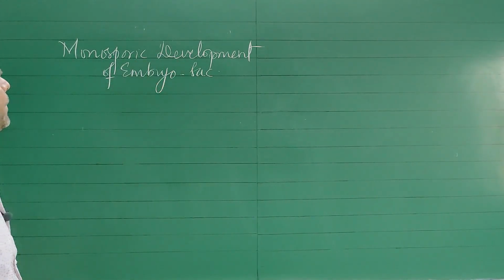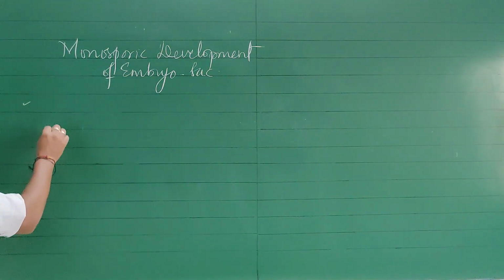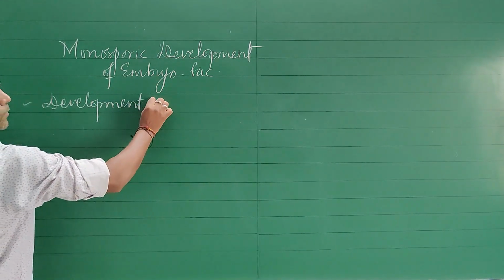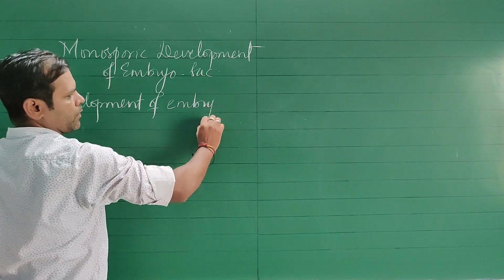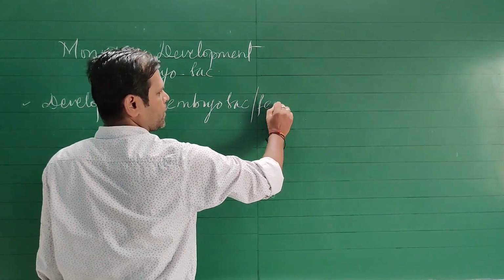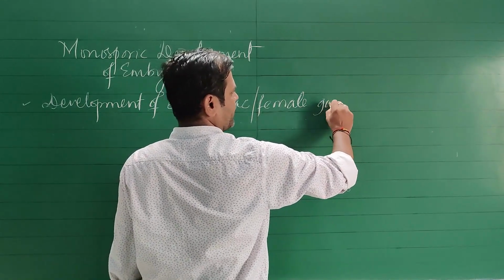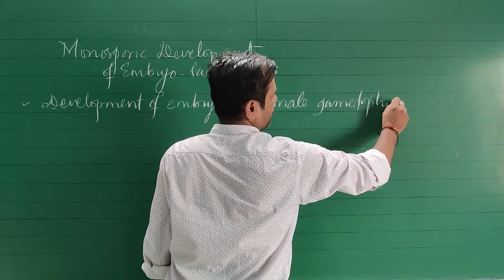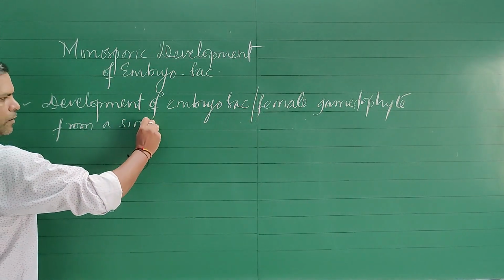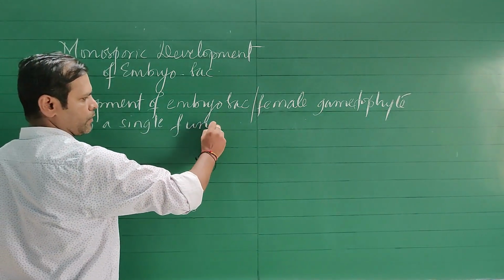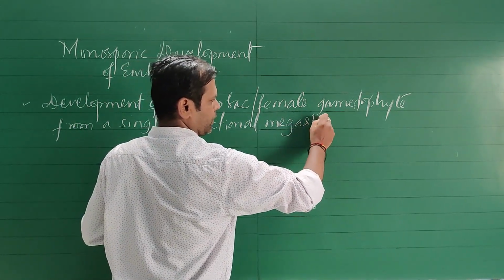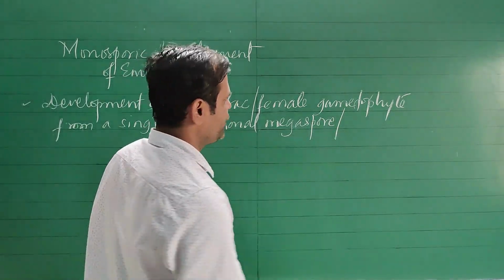Now let's see first the monosporic development of embryo sac. In monosporic development, the embryo sac, also called female gametophyte, develops from a single functional megaspore, or from a single nucleus.